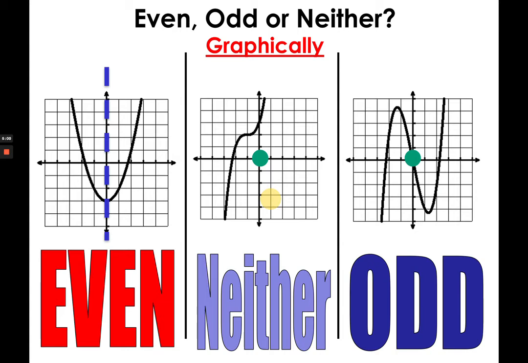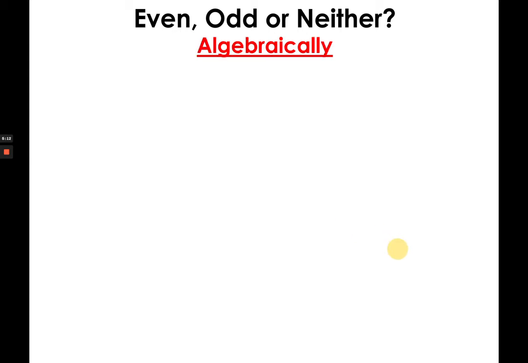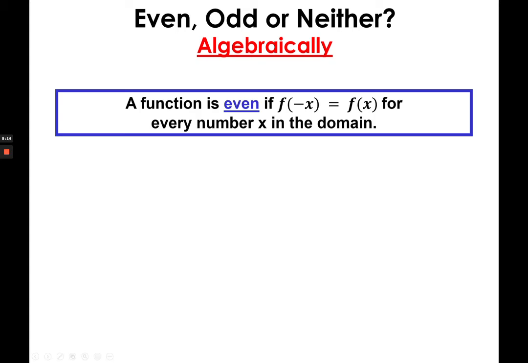That's the graphical method. Now, we could actually identify if a given function is odd, even, or neither algebraically. Here are the rules. A function is even if we substitute a negative x and it does not change the function.